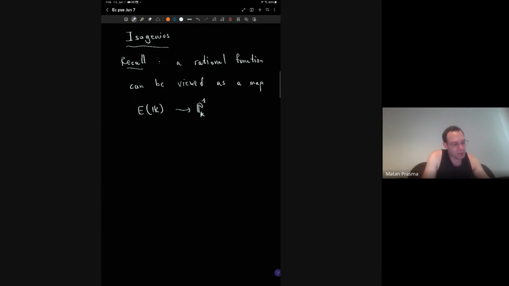We can use this notion of rational functions. Of course, the key point of a rational function is that it's a map defined by quotients of polynomials on E. And in general, in algebraic geometry, we always want to talk about either polynomials or quotients of polynomials.